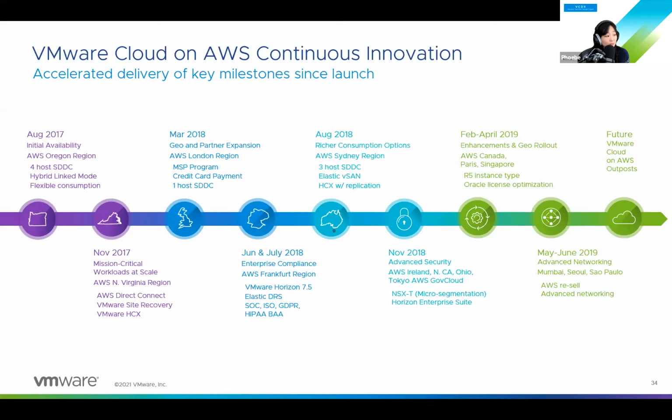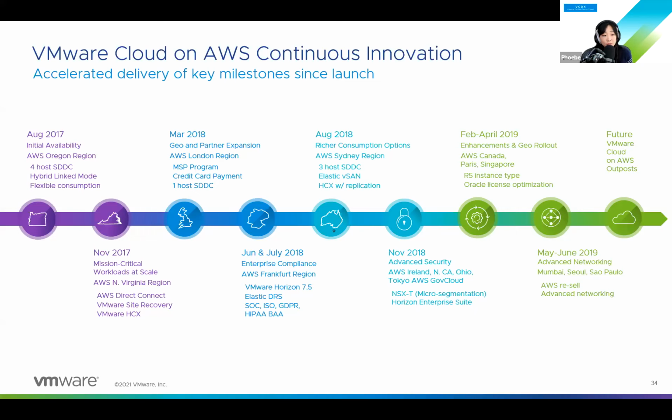If you see November 2017, we added the Virginia region, and then going to March 2018, it's the London region, etc. And we're still adding more and gaining that momentum with customers as they're using it more and more. So it is one of our big hybrid cloud offerings for our customers.